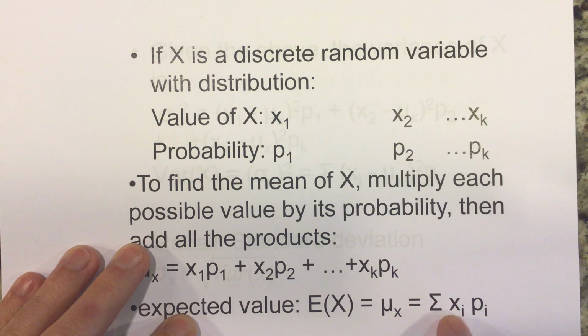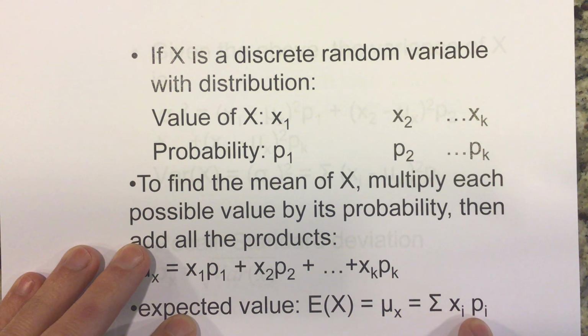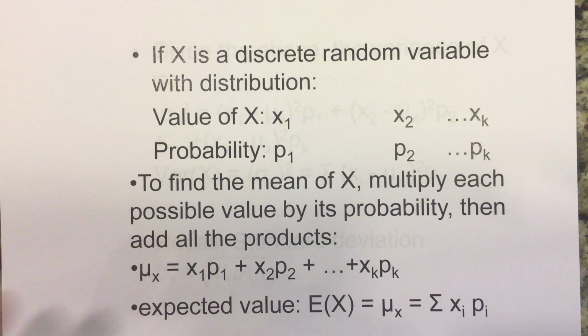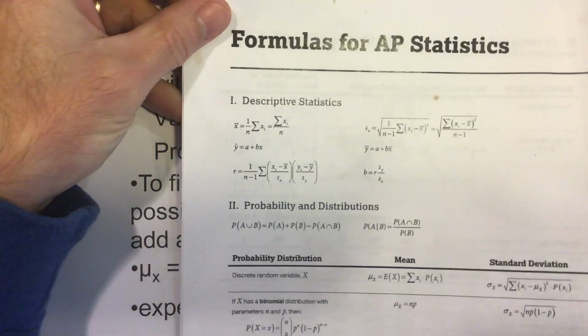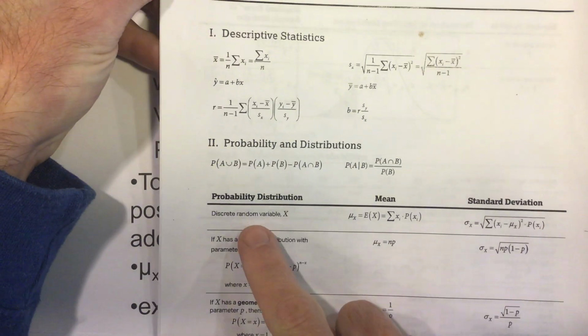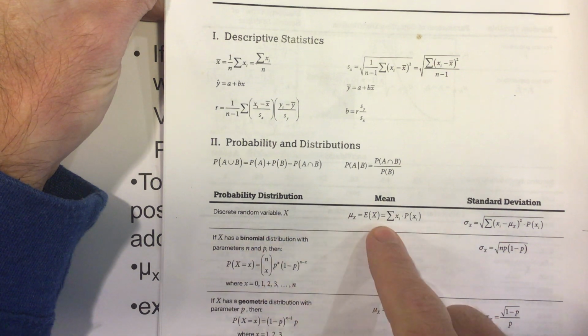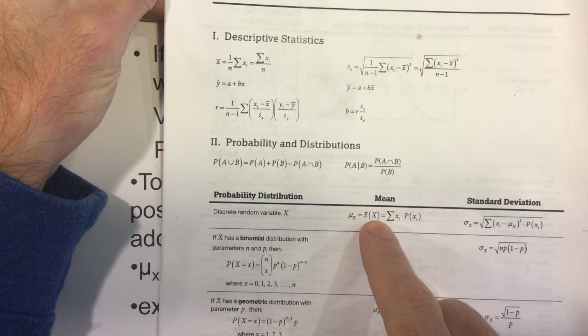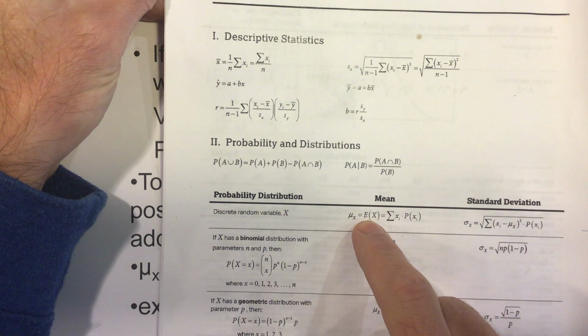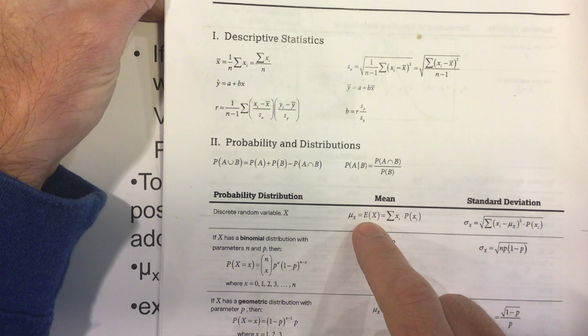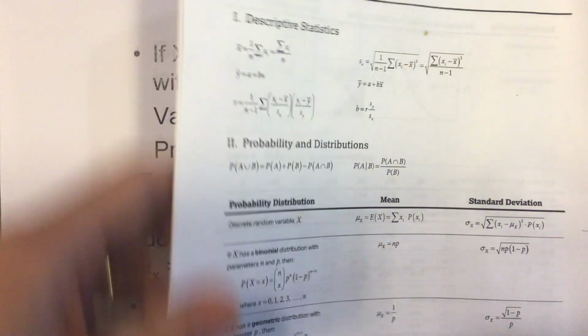It's the summation of each x value multiplied by its corresponding probability. And so here we are on our formula sheet, right there. For a discrete random variable, x, here's the mean. Okay, so the expected value, that's a synonym for the mean of the random variable. Expected value means mean.